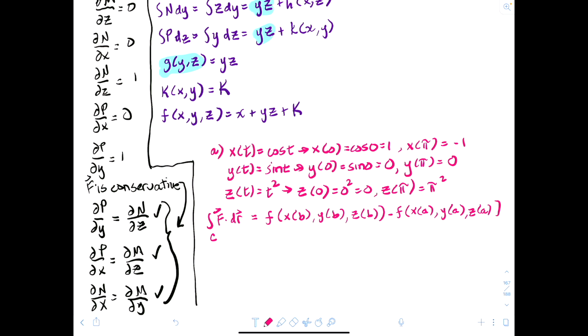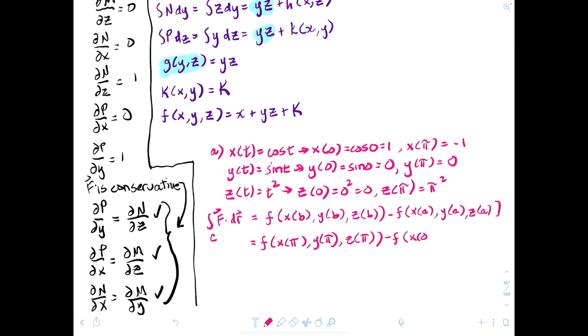And we found those. So in our case, our b is pi. So we're evaluating our potential function f at x at pi, y at pi, z at pi, minus f at x at 0, y at 0, z at 0.